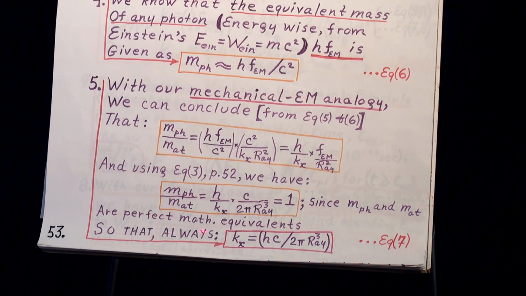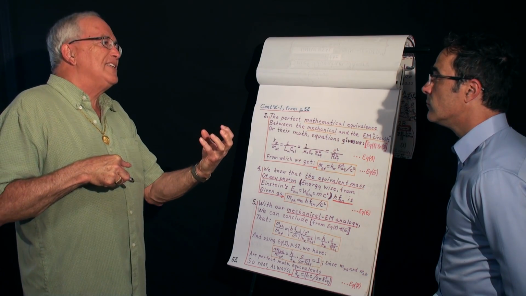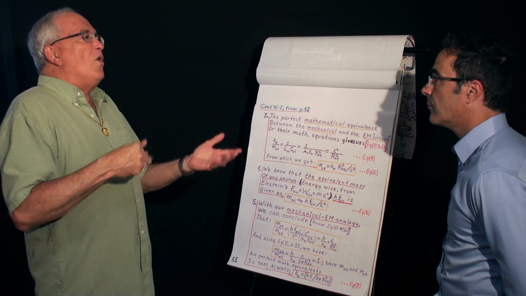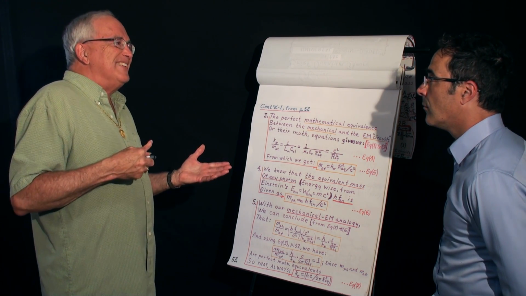so that always the elastic constant of vacuum depends on rho square, rho cube, or the volume of the space considered. So the smaller the space considered, the greater the elastic constant.